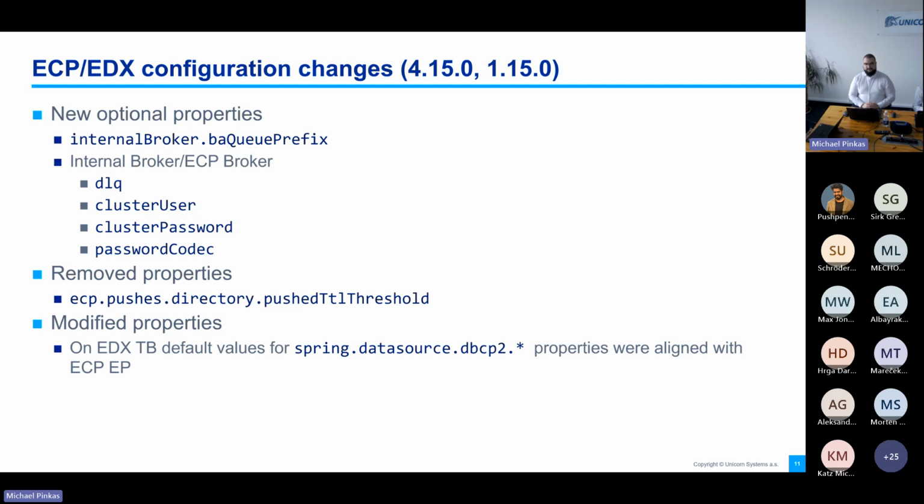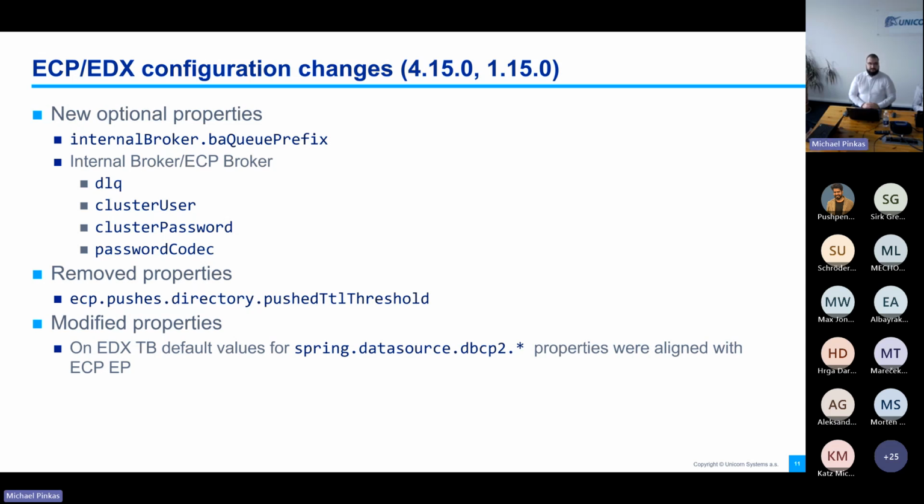So in case of ECP, all those custom queues that you can use, also the default ECP endpoint inbox queue, and in case of EDX toolbox, basically all queues that are defined within the EDX YAML.